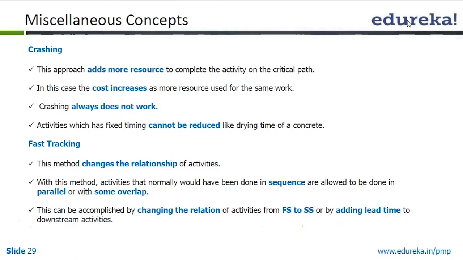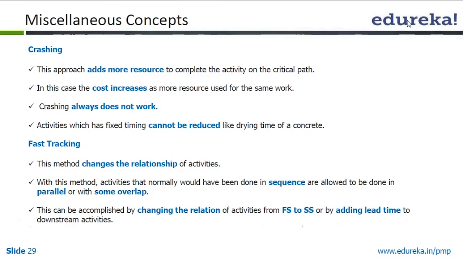And fast tracking, here what you do is you change the relationship of the activities. That means you make more activities in parallel than planned. Now certain activities which you have planned to do in sequence, you cut them into more parallel activities. The risk of doing that is that you might be cutting corners and the quality of the product might get affected.